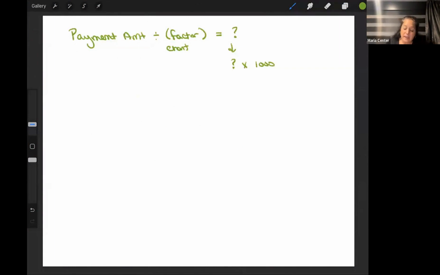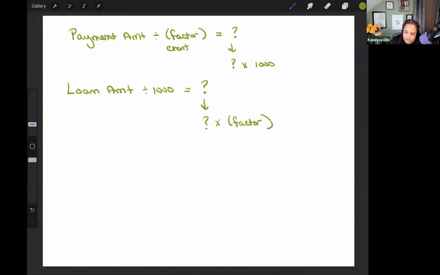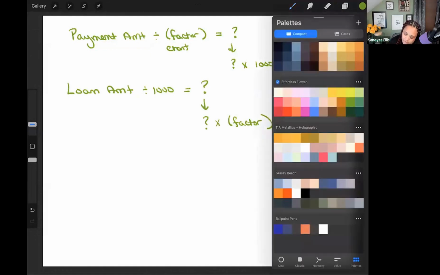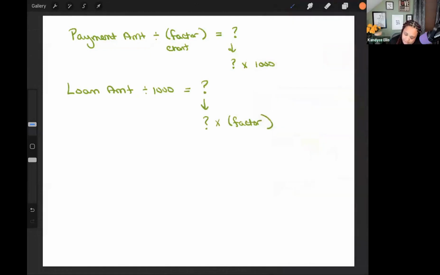Now, what if instead they gave you the loan amount, like the one Kandyce did? Now we've got to figure out how many units of 1,000 we're dealing with. Loan amount divided by 1,000 equals whatever that is, times the number from the chart, or the factor. So maybe if you look at it this way, you'll notice that it goes together.